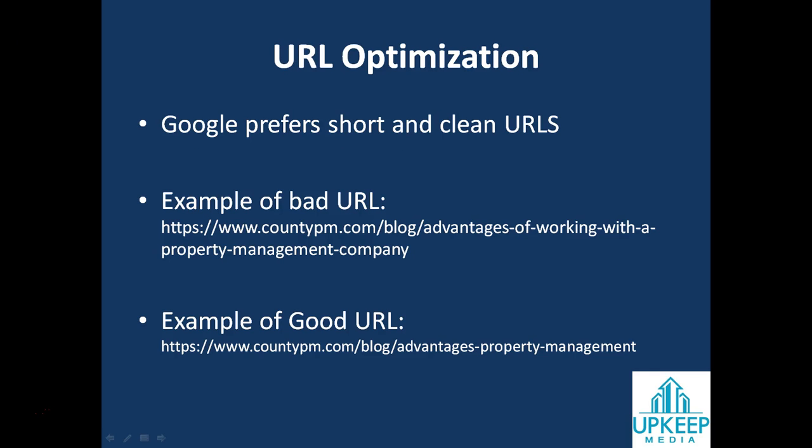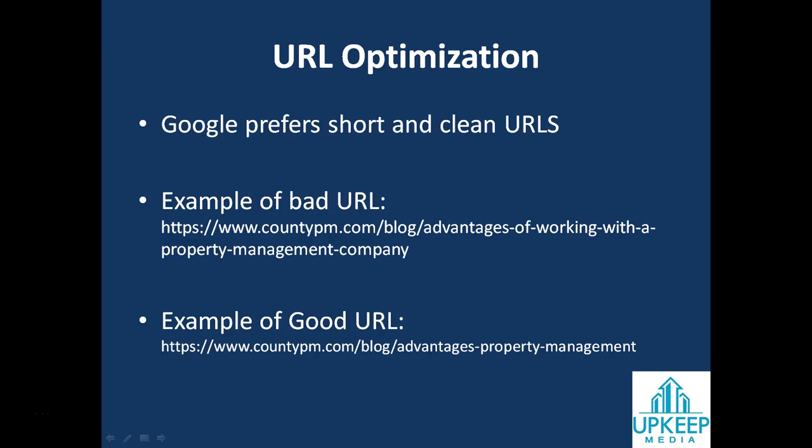Another big area we see issues with is URL optimization of websites. Google prefers short and clean URLs. So an example of a bad URL would be countypm.com/blog/advantages-of-working-with-a-property-management-company.